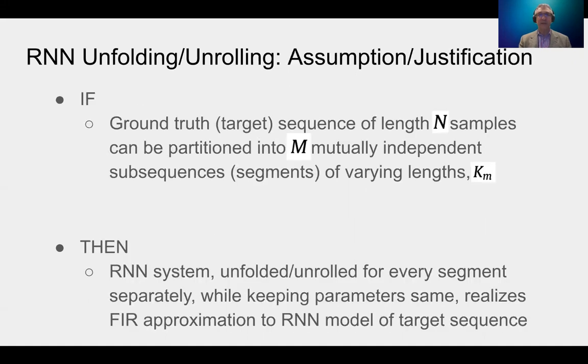Indeed, the underlying assumption justifying the RNN unrolling procedure states that it must be possible to partition the ground truth target sequence into mutually independent subsequences.